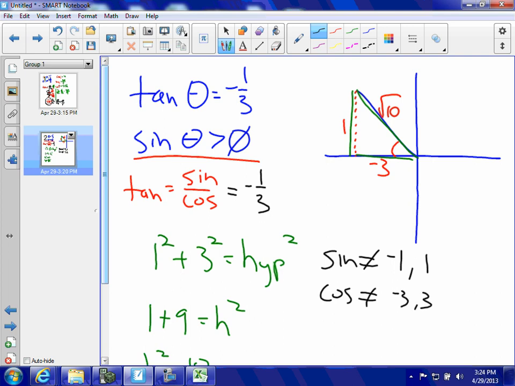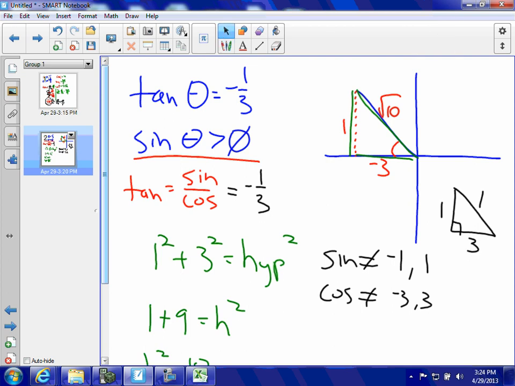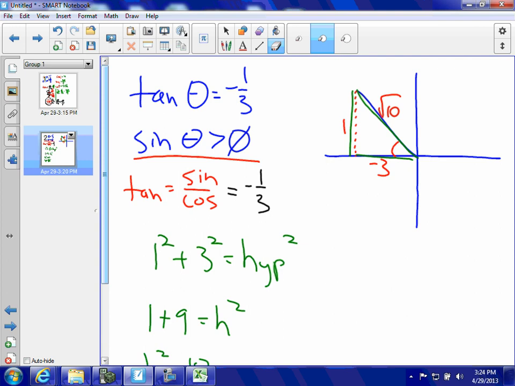I know this because when I have a right triangle, any kind of a right triangle, the longest side is going to be my hypotenuse. And if that is 1, then I could not have a side of 3. So generally speaking, unless you are told it is a unit circle with a hypotenuse of 1, I would assume it is not a unit circle and figure that we're going to have to figure out what the hypotenuse is.